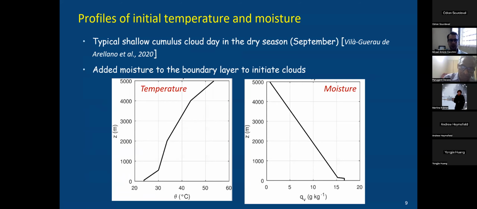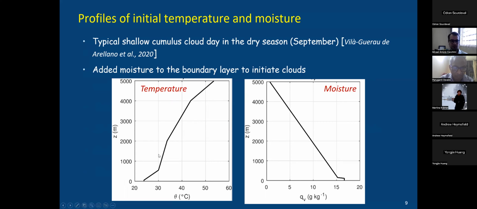So those are the profiles that I initialized the model with, moisture on the right, temperature on the left. And those were obtained from a 2020 paper from Vilà-Guerau de Arellano, and they were based on radiosondes launched during typical shallow cumulus days in the dry season.